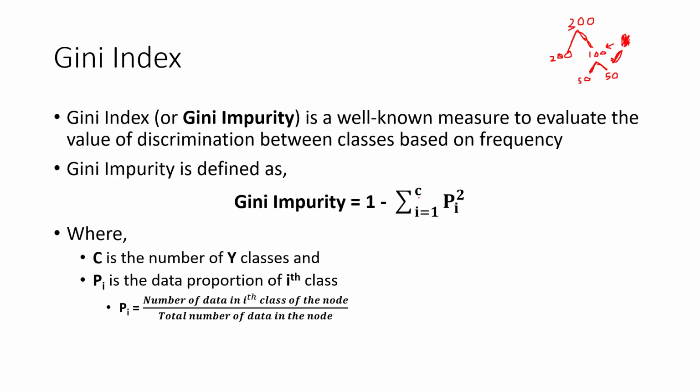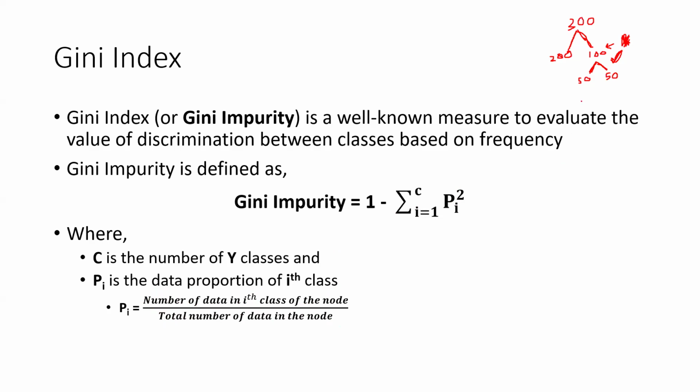So 1 minus the sum over i equals 1 to C, where C is the number of classes, right? So in this case, if it is a binary classification problem, C is 2, right? And pi is the data proportion of the ith class. So this is the total number of data in the node, and this data proportion means the number of data in the ith class of the node divided by the total number of data in the node.